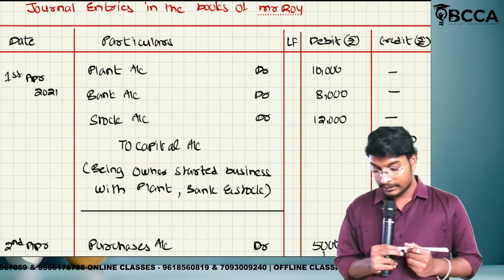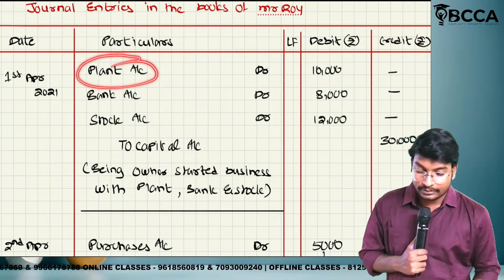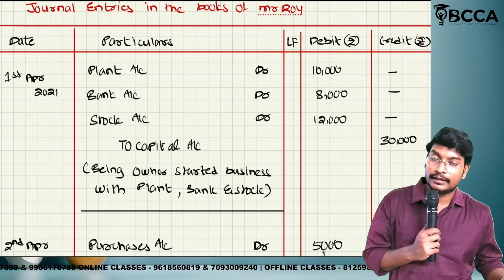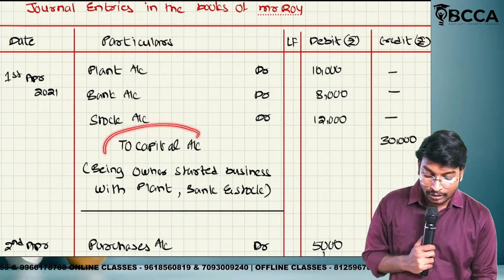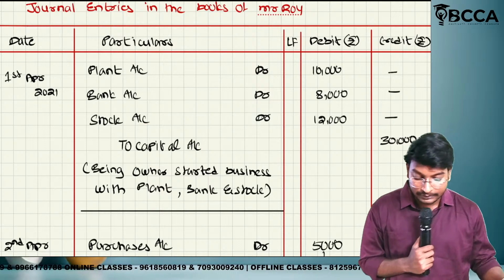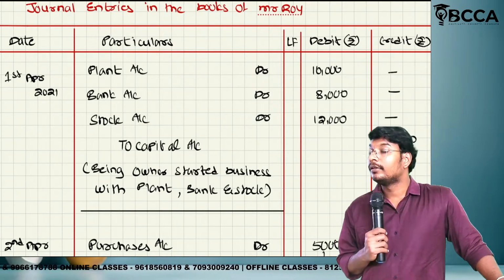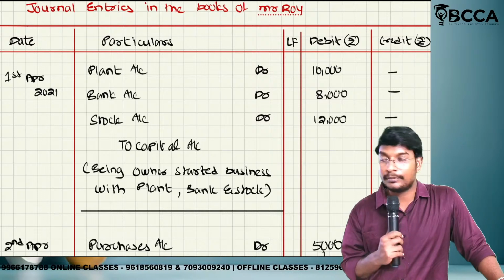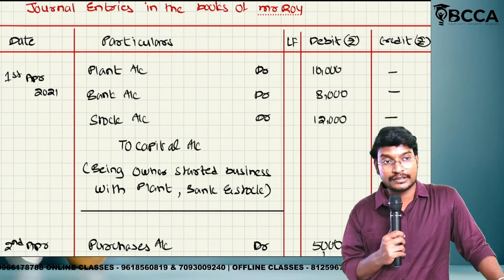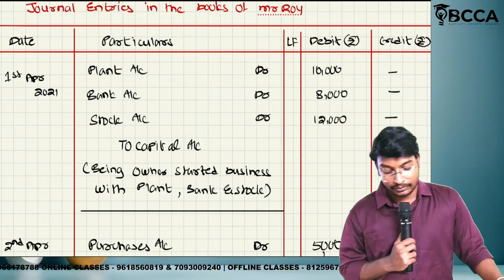So if the plant is debited, we need to post in the ledger of the plant on the debit side, with the name of the opposite asset, which is capital. While posting on the debit side, we use the prefix "To". While posting on the credit side, we use the prefix "By".